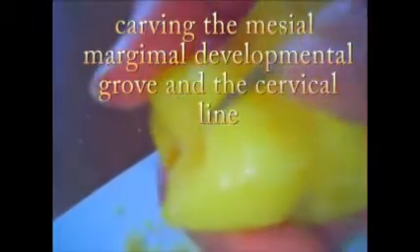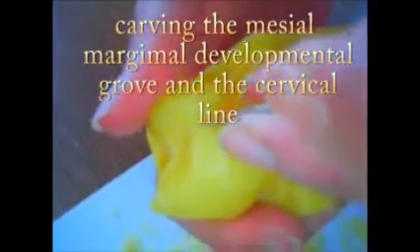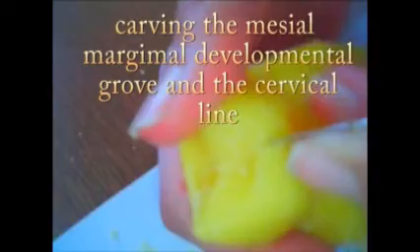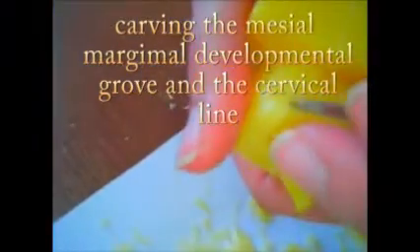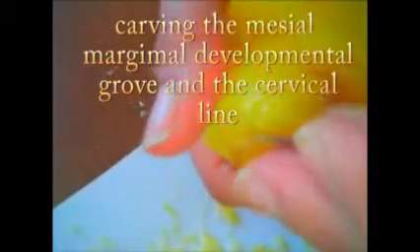Finally, we draw the mesial marginal developmental groove on the mesial marginal ridge, which is slightly towards the lingual than the center of the crown, and we draw the cervical line, and the final shape of the crown will look like this.